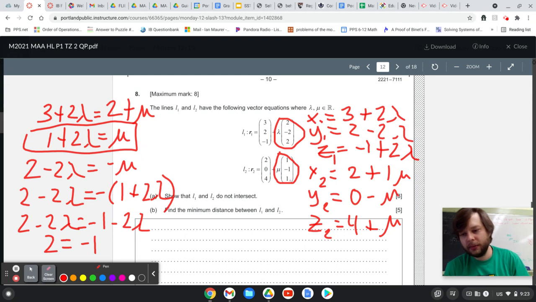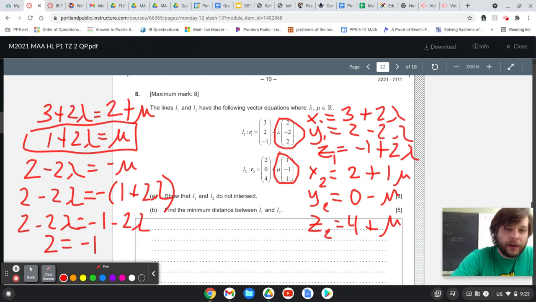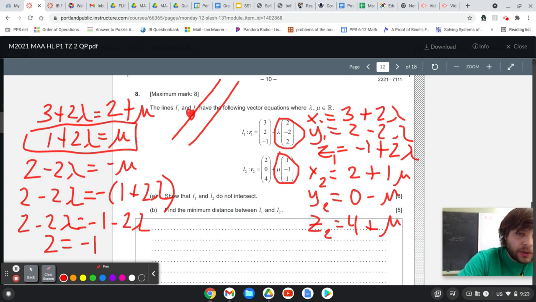And when two lines are moving in the same direction, like this, and we try to find the minimum distance between them, what we can do is choose any point on line 1 and try to create a vector to another point on line 2 and then minimize the distance of that vector between them.